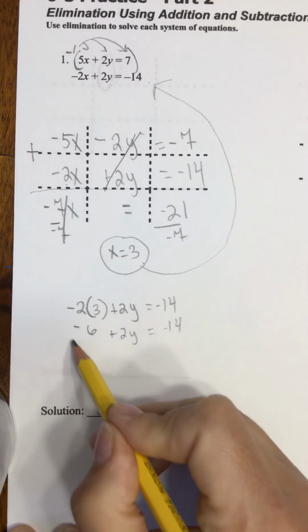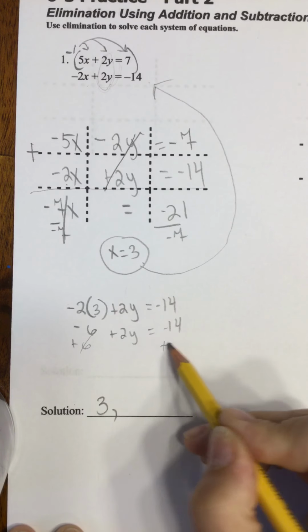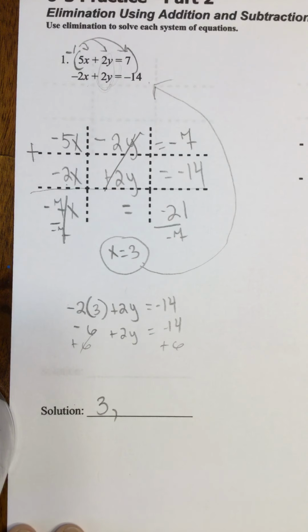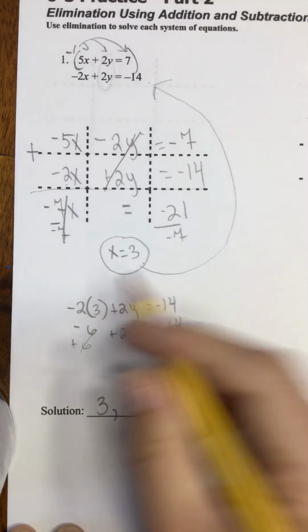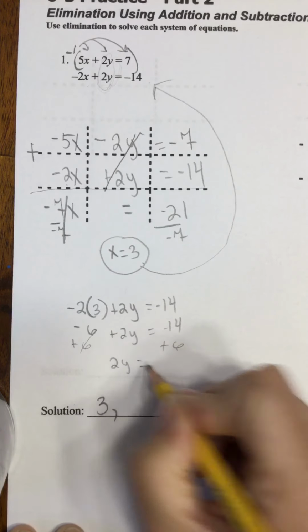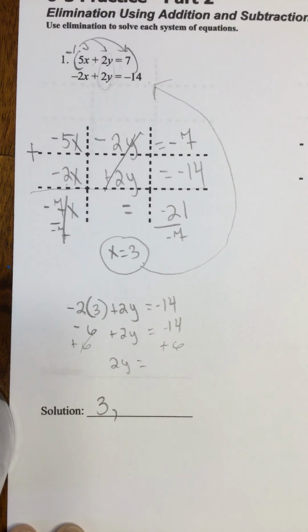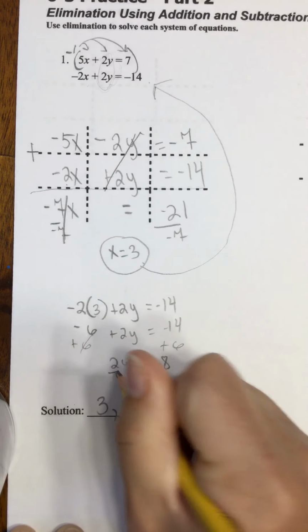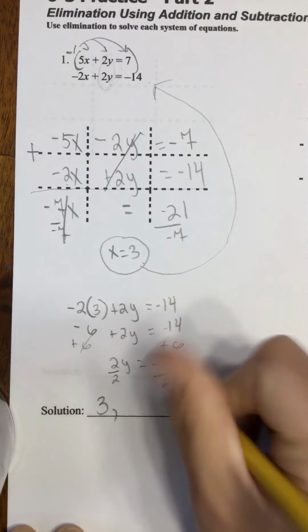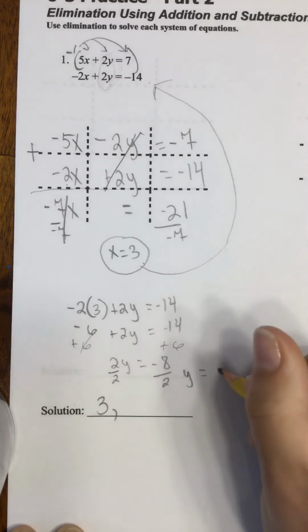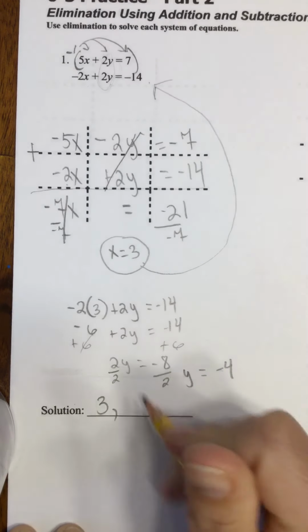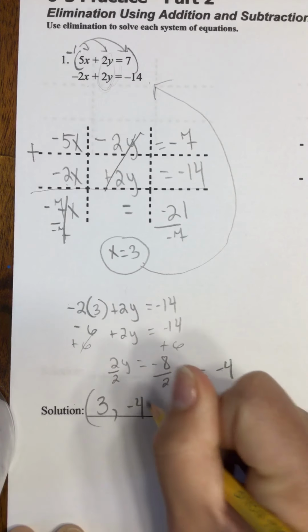Going to combine like terms, so I add 6. And if I have -14 plus 6, that would give me -8. Divide by 2. That would give me y equals -4. So that's my ordered pair.